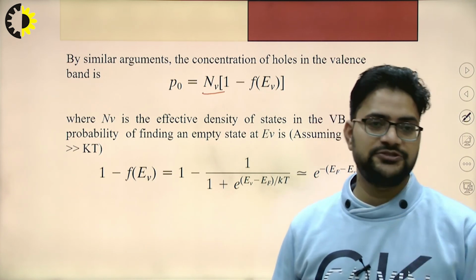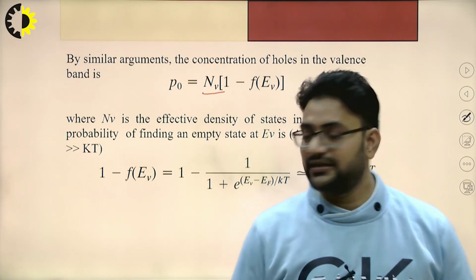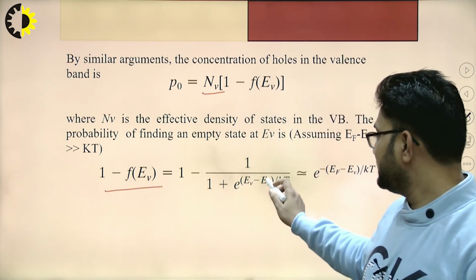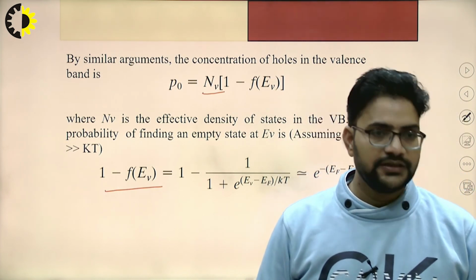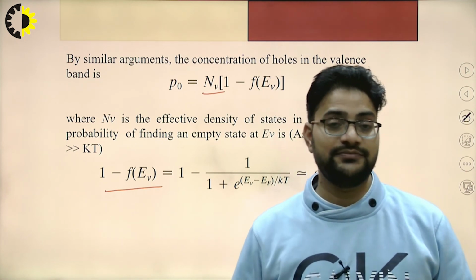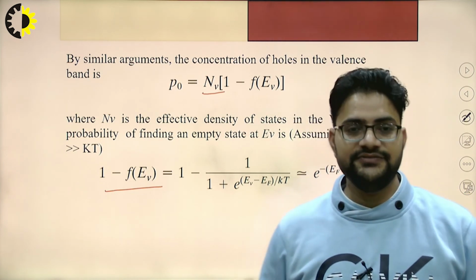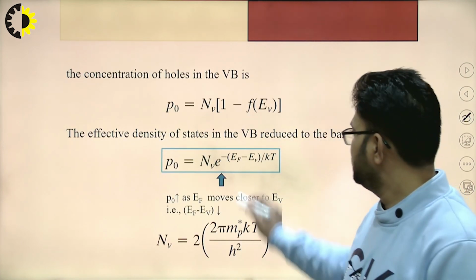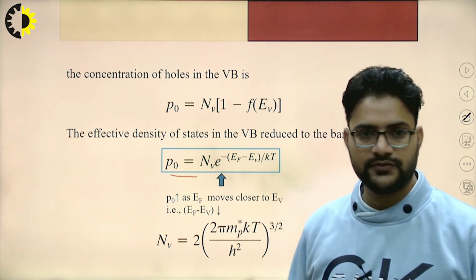If I assume that EF minus EV is much greater than kT, then 1 minus F(EV) can be written as 1 minus 1 upon 1 plus e raised to power (EV minus EF) divided by kT, right? Now it can be simplified as e raised to power minus (EF minus EV) divided by kT, right? So we can find the value of P naught, which is equal to NV e raised to power minus (EF minus EV) divided by kT.